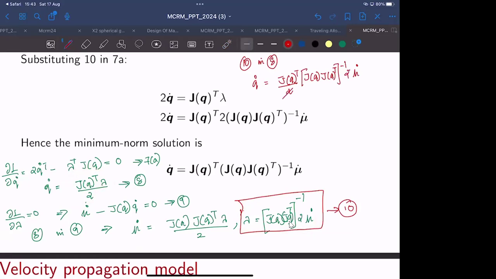So this 2 and this 2 get cancelled. That makes our Q dot as J of Q transpose, times the inverse of J of Q J of Q transpose, times mu dot.